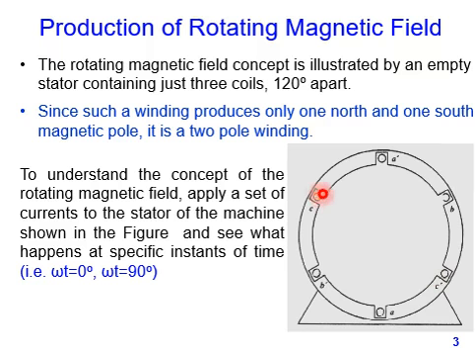All these coils are 120 degrees apart from each other. Since these windings produce only one north and one south magnetic pole, it is a two-pole winding.